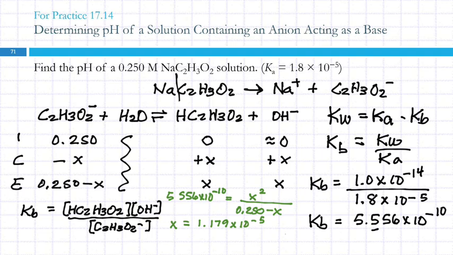So what does X represent? It represents the change. It also represents the hydroxide ion concentration at equilibrium. What are we trying to find? pH. So I'm going to find the pOH of this and subtract it from 14.